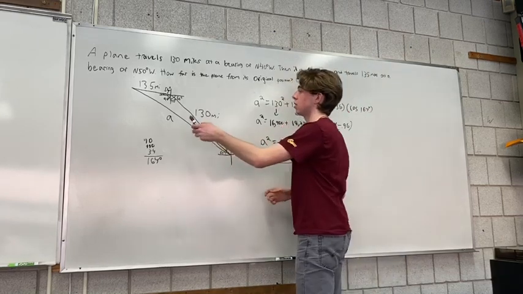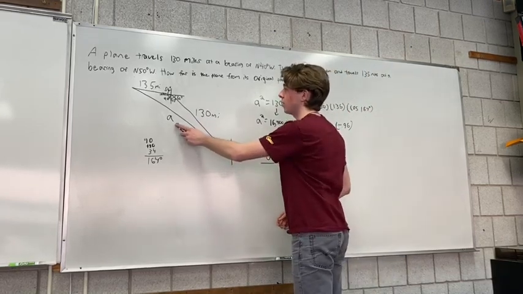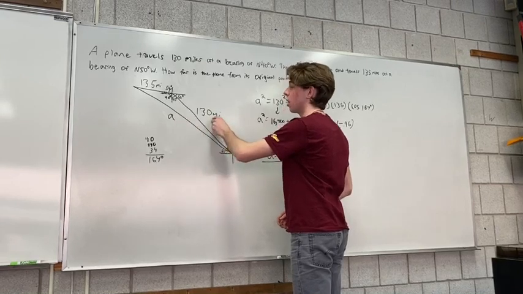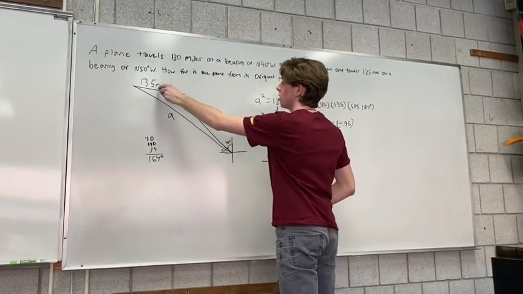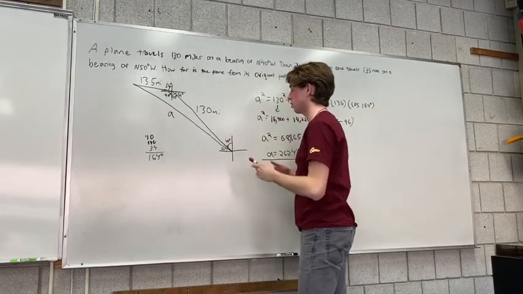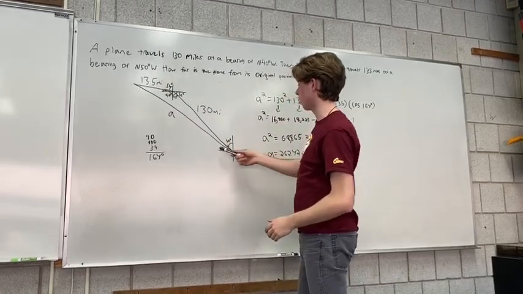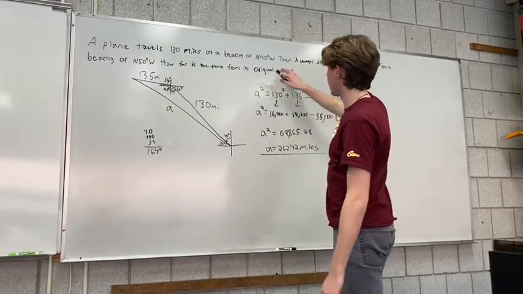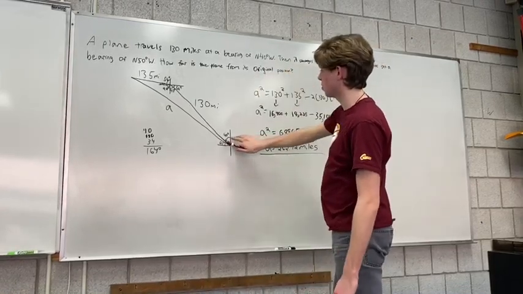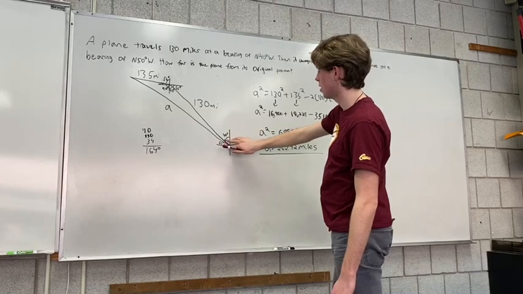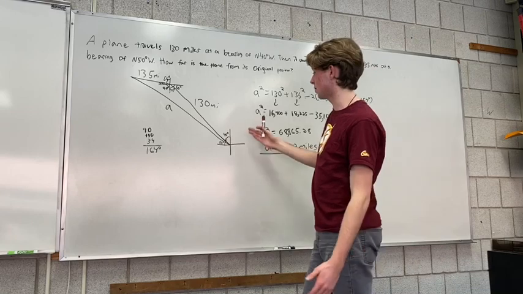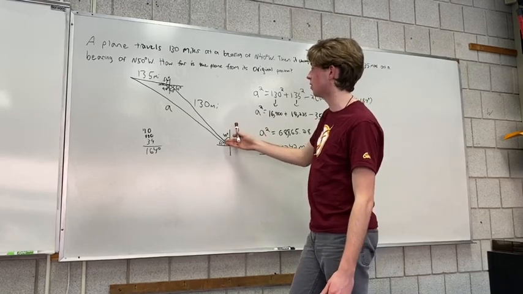So first off, obviously you want to start by drawing your triangle. As I've done here, you have your side length of A, which is your unknown, and then you have your side lengths of 130 miles and 135 miles. And then you're also going to draw in your angles. First off, you know that it's going at 40 degrees west of north, so you draw in 40 here and make that line. And then you know, because 90 minus 40 equals 50, the rest of this is 50 degrees.